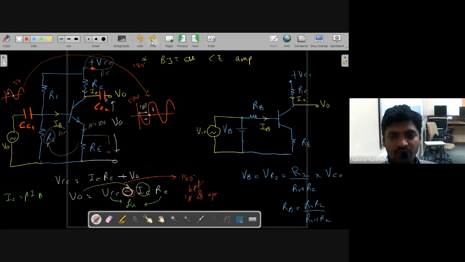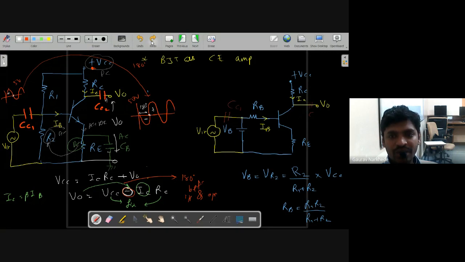So for that, we are giving a bypass capacitor, right? This bypass capacitor will bypass all the AC components flowing through the emitter. The AC components will flow through the capacitor and go to the ground, and it will avoid the feedback path to the input of the transistor, and hence we can prevent the transistor from getting distortion, right?